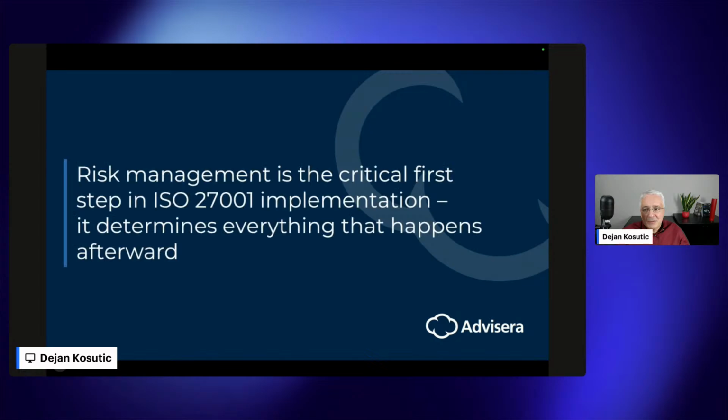Okay, so I would say that risk management is really the critical first step in ISO 27001 implementation. As I mentioned, it determines lots of things later on. So if you do this risk assessment and treatment inadequately, then you will have lots of problems later on.